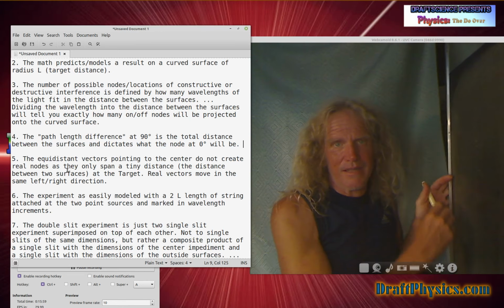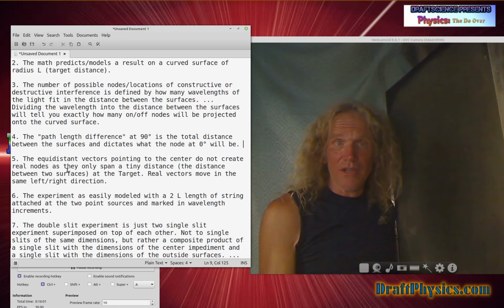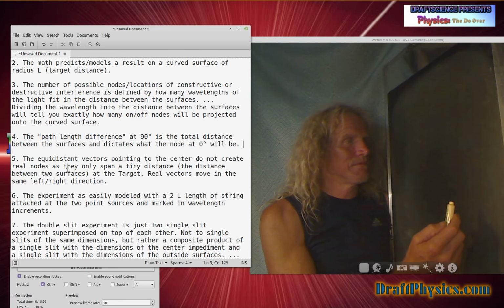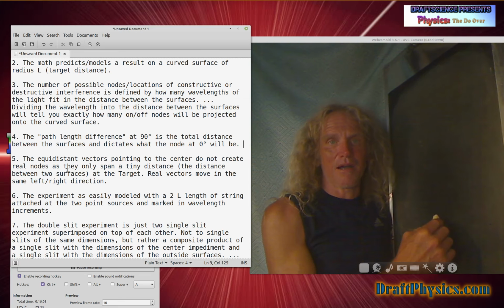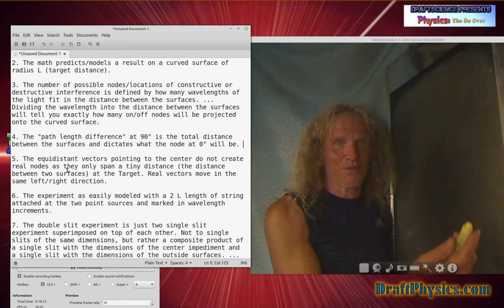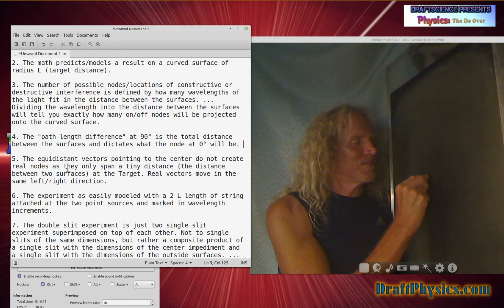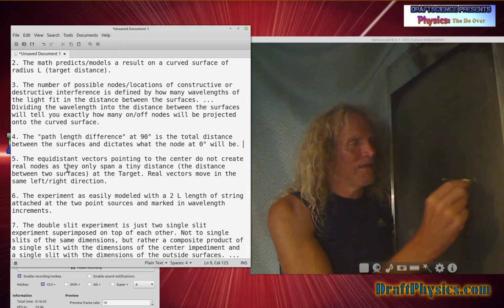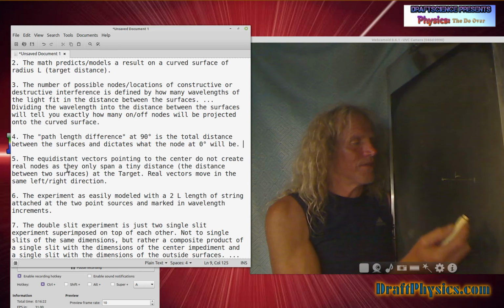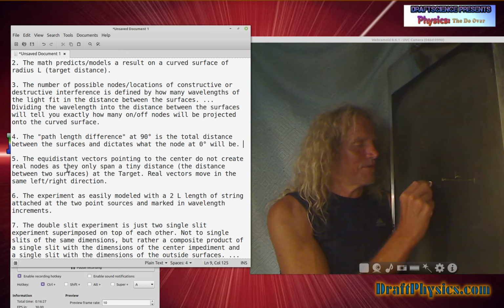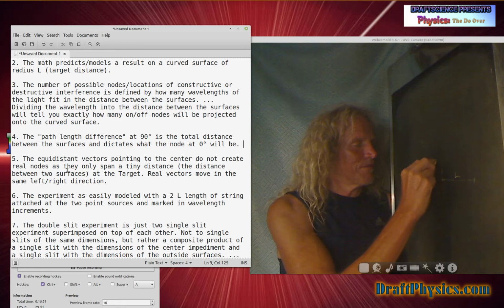Alright, but this is a simple argument that both places, the 0 degree and the 90 degrees, dictate each other. They're being decided by the other, and they are deciding the other. So, you know, there's a push-pull thing. So you can make the simple argument that if you have one length, okay, that's L, and then the other length when they're going exactly in the same direction, you can understand the other line is going to just be the distance between the surfaces.